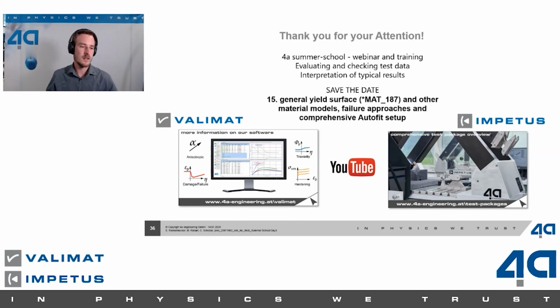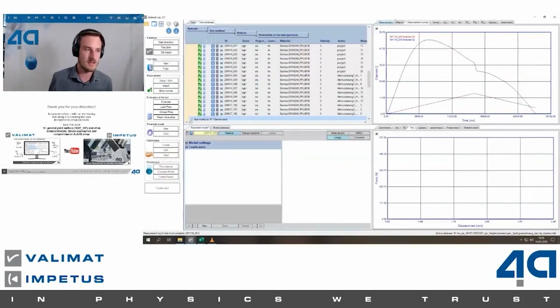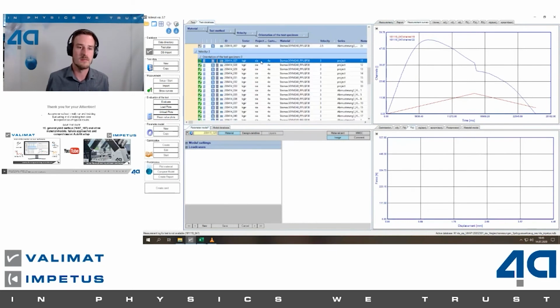Okay, here we got a request about the export from VALIMAT to Excel, how this works. I will show it to you again here in the software, if you like. So I change to the software again, and there are several possibilities to get data out from VALIMAT to Excel.